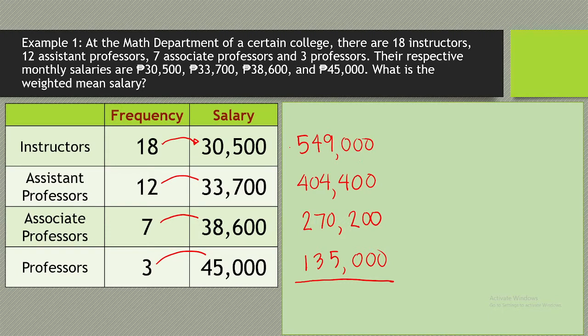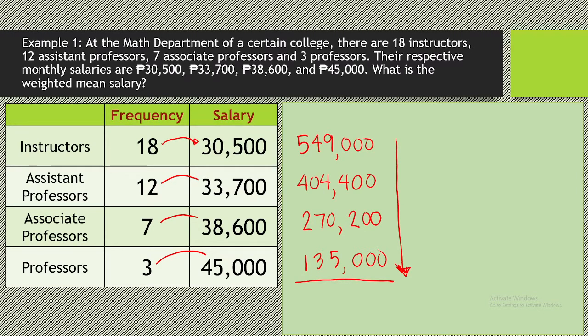So add all of these numbers. So we have 135,000 plus 270,200 plus 404,400 plus 549,000.